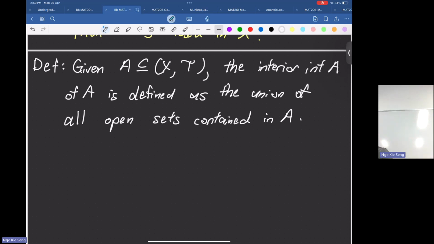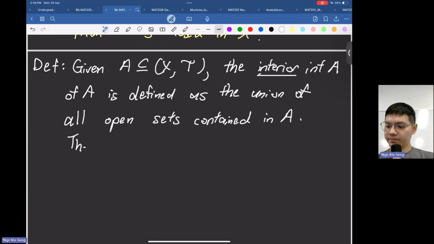How do you build the open interval 0 to 1? You can take the union of all the open intervals in 0 to 1. This is what it tries to model. You can take the union of all open sets contained in A.